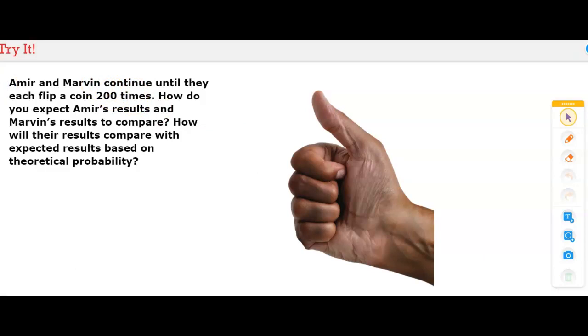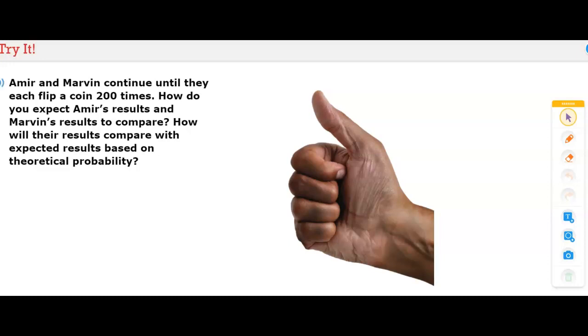Amir and Marvin continue until they each flip a coin 200 times. How do you expect Amir's results and Marvin's results to compare? How will their results compare with expected results based on theoretical probability?